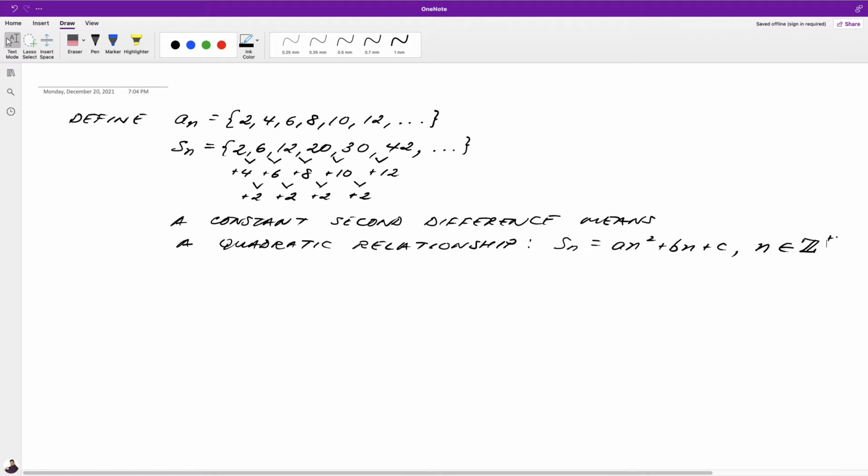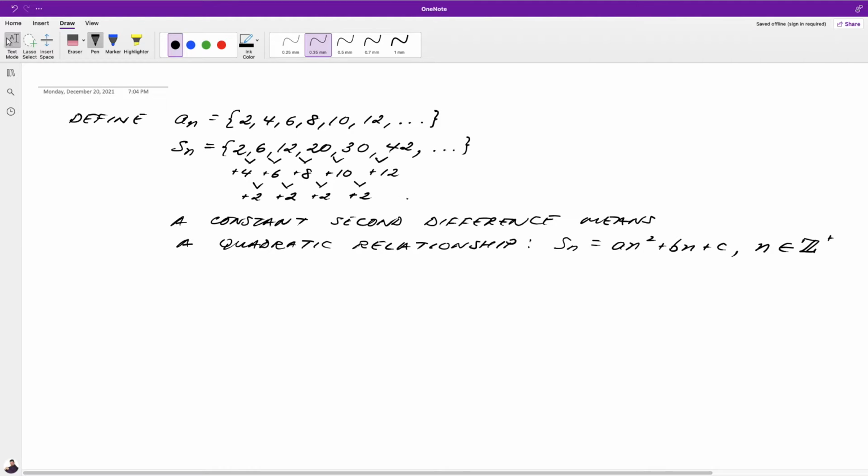This is a discrete function here. So good. If I plug in 1, I should get 2, since 2 is the first partial sum. If I plug in 2, I should get 6, the second partial sum. If I plug in 3, I should get 12, the third partial sum, and 20, 30, 42, so on and so forth.